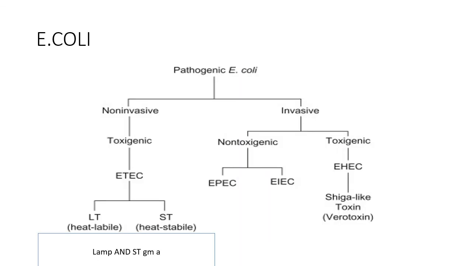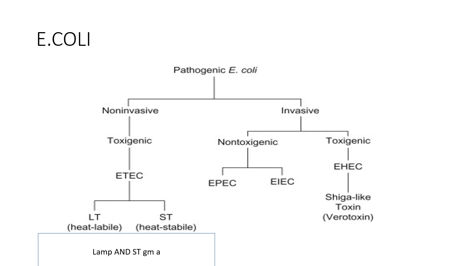Regarding E. coli, remember the pathogenic E. coli can be divided into non-invasive and invasive. Non-invasive, the toxigenic variant, that is the enterotoxigenic E. coli, has both the heat labile and the heat stable toxins. The invasive, non-toxigenic ones are EPEC and EIEC.